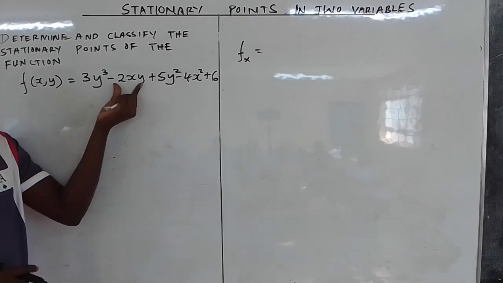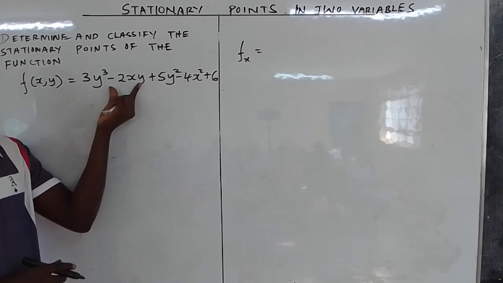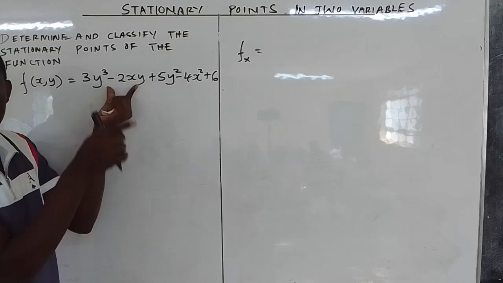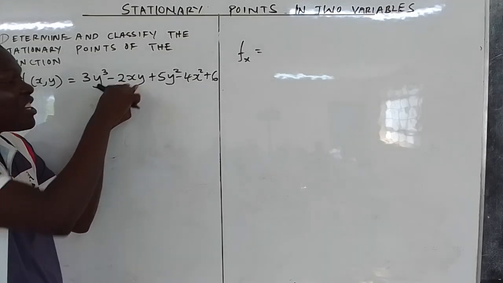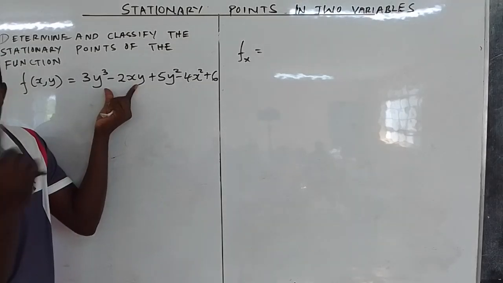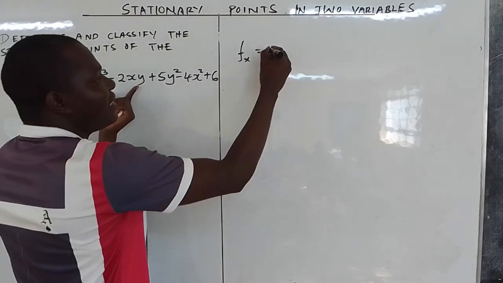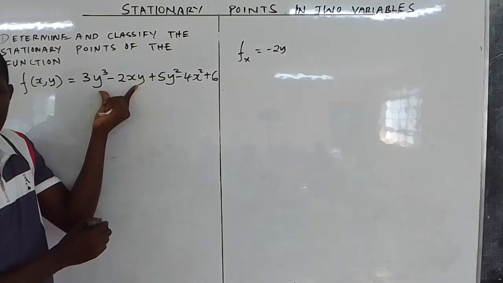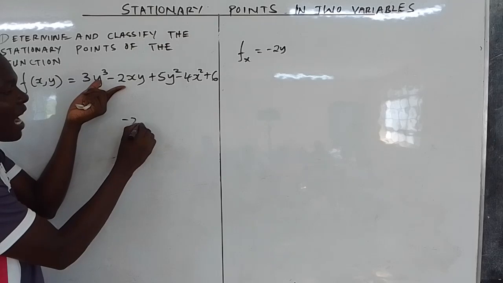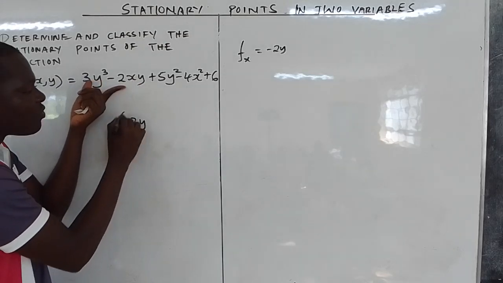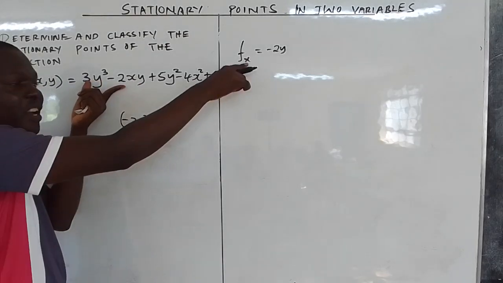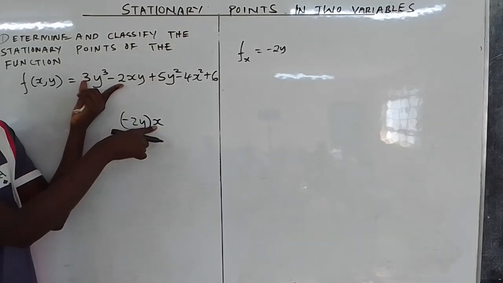Then you go to the next term. When you are differentiating partially with respect to x, negative 2y is a constant, isn't it? So when you differentiate x, you get 1. So what do you remember there? Negative 2. Because in this term we have negative 2xy, so it is negative 2y, which is a constant, and we are differentiating partially with respect to x, meaning this x is the variable only.